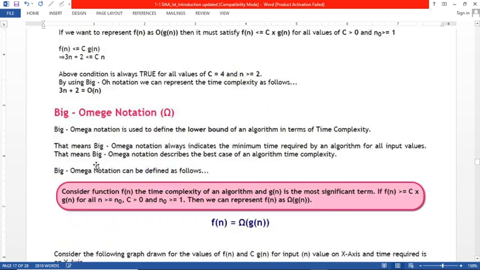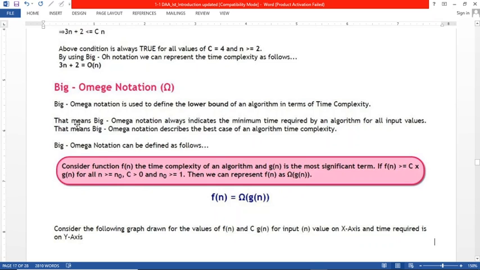Next, big omega. Big omega notation is used to define the lower bound of an algorithm in terms of time complexity. That means we need to tell the minimum time, and it should be reached before whatever time we are giving.